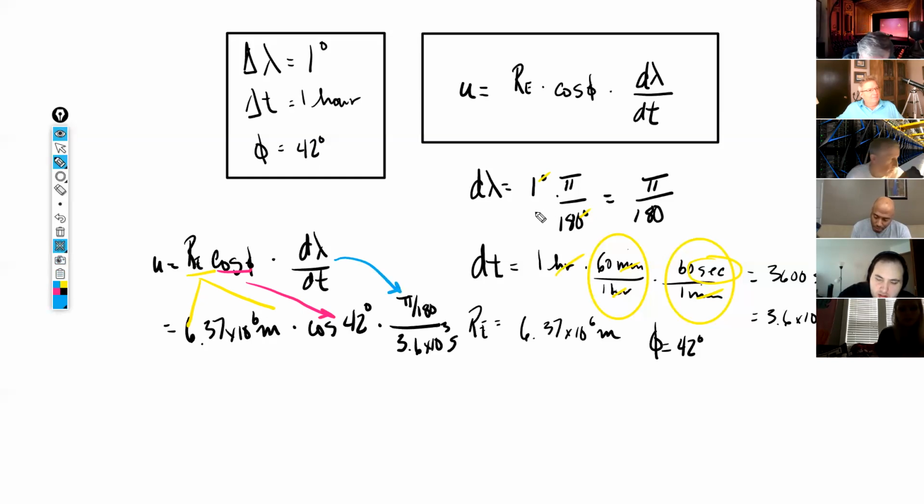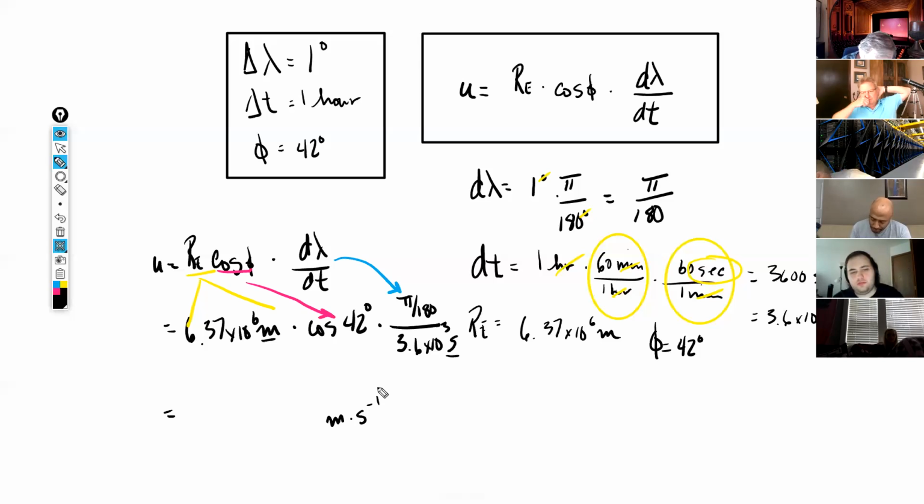So are the final units going to be meters per second? Well, yeah, let's take a look at this. What are the units that you have in here? You have meters in the numerator and seconds in the denominator. So whatever this is, it is meters per second. I want you to think that meters times s to the minus 1 is the correct way to write out your answer.